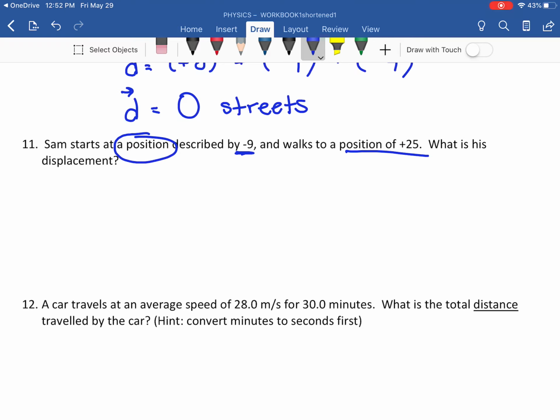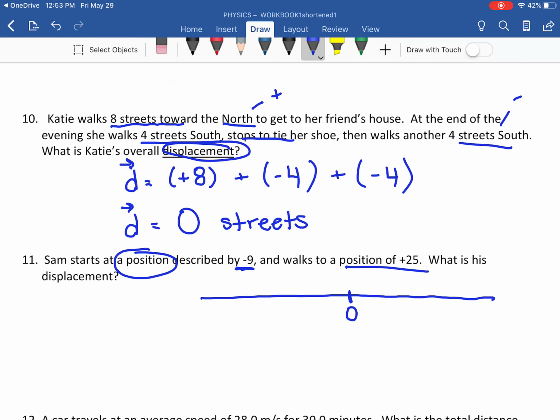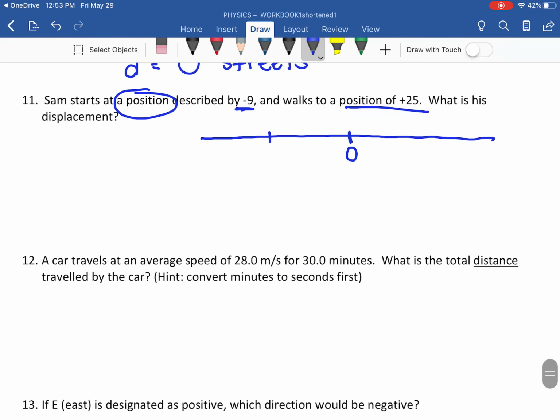Walks to a position of 25. Let me just show you on a picture what this would look like. If I'm given position, that means 0 is typically my reference. If I am starting, let's say at -9, this is where Sam starts, and the position of positive 25 is 25 steps or whatever from 0.